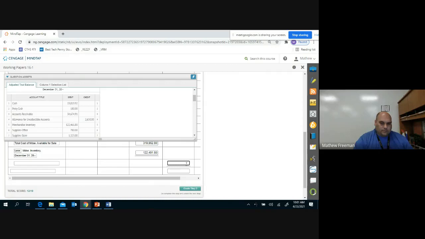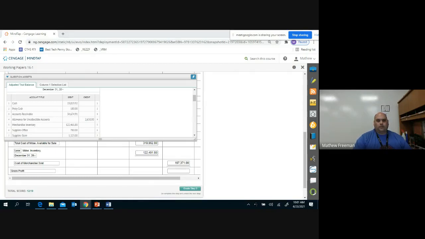Costs of merchandise sold. From here, this will give us our gross profit.